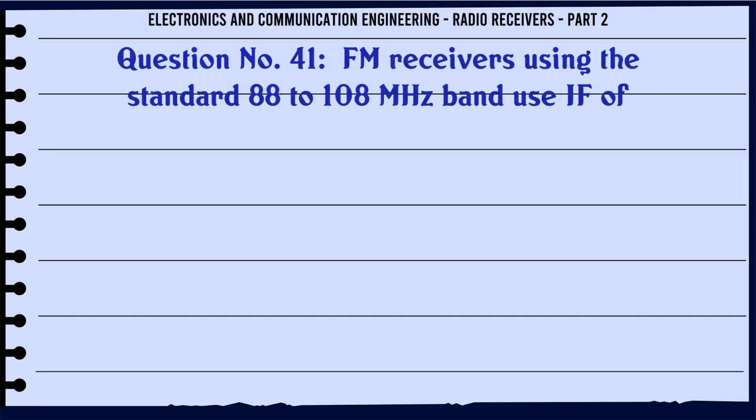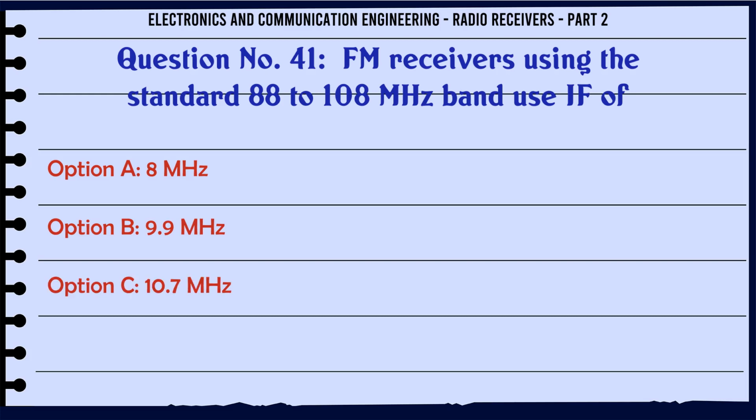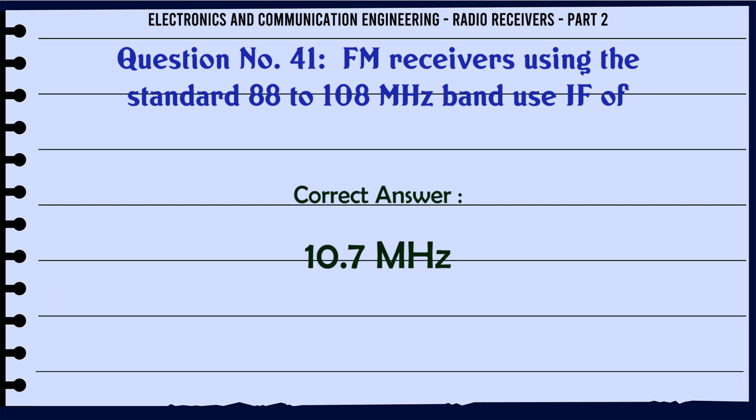FM receivers using the standard 88 to 108 MHz band use IF of A. 8 MHz, B. 9.9 MHz, C. 10.7 MHz, D. 12.2 MHz. The correct answer is 10.7 MHz.